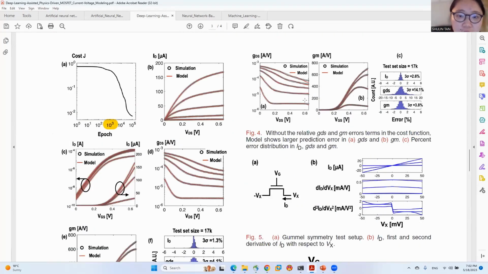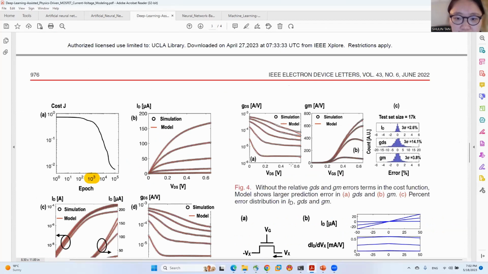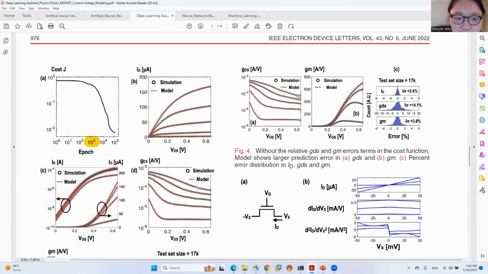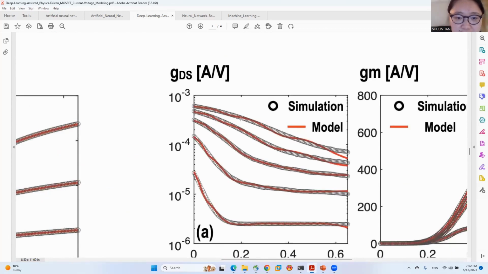The issue is that if you do not optimize your loss function, you may get a model that seems to fit pretty well, but when you look at it closely, it actually has curves with lots of deviations, and this is something you don't want in your model.